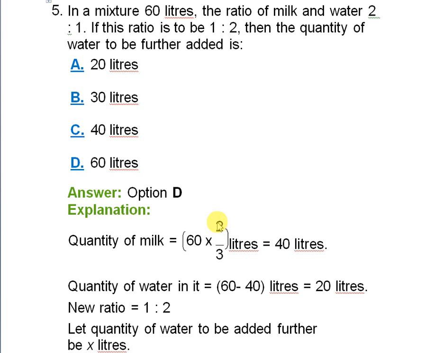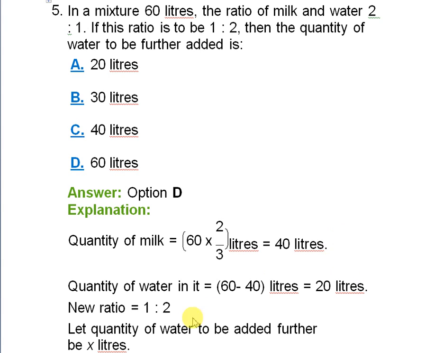So we'll take 2 because 2 is of milk, and in the denominator we'll take 3, the sum of both ratios, so milk is 40 liters. The quantity of water would be 60 minus 40, that is 20 liters. So 40 liters of milk and 20 liters of water.